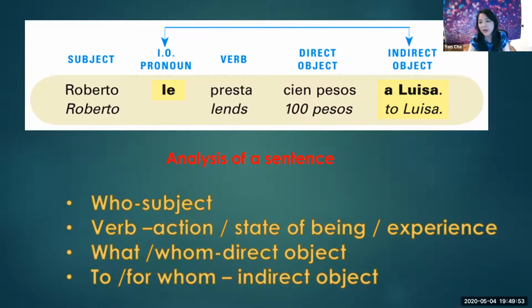You look at the conjugation to identify the subject of the sentence, and the subject is the who of the sentence. Okay, so again, this is very important that you understand how to analyze a sentence, especially the topic that we are covering today, because as I said, this is very grammatical, I would say. We are teaching you how to analyze each part of a sentence, and in order for you to fully understand what an indirect object noun is and what a direct object noun is, it's crucial to understand this relationship.